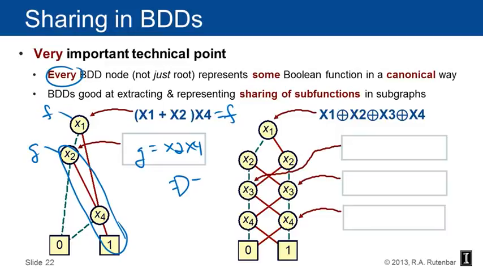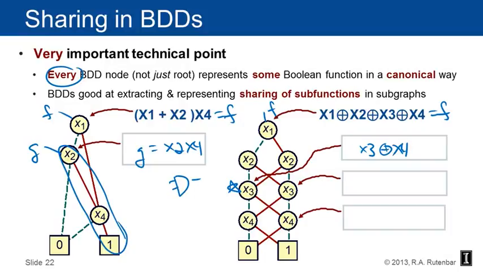If we look at the BDD on the right, and we say, all right, now this is f, so f is equal to x1 exclusive or x2 exclusive or x3 exclusive or x4, and now I start pointing at intermediate nodes like that node. What do I get? Well, if you stare at that one, that node is actually the root of the function x3 exclusive or x4.